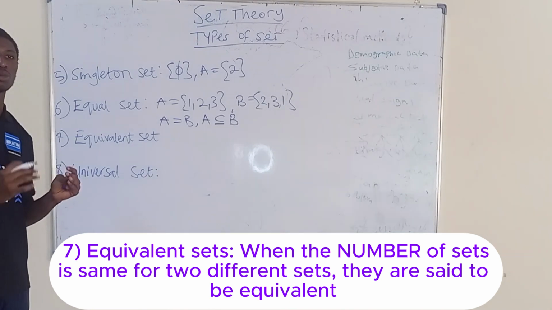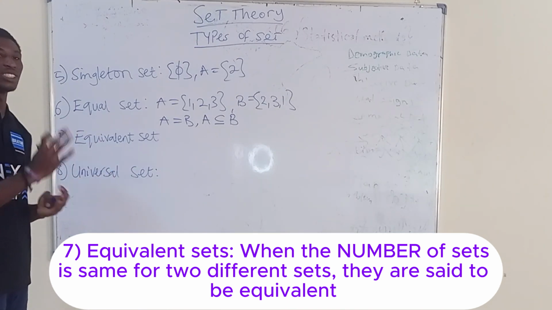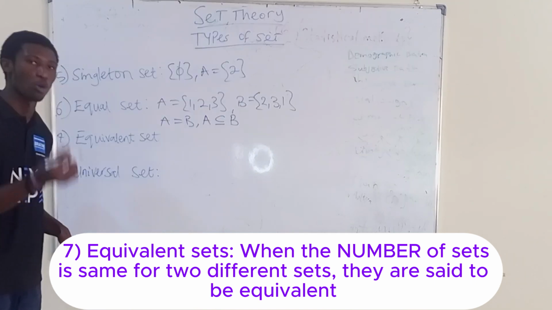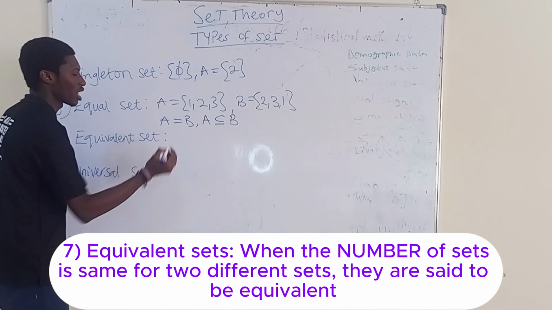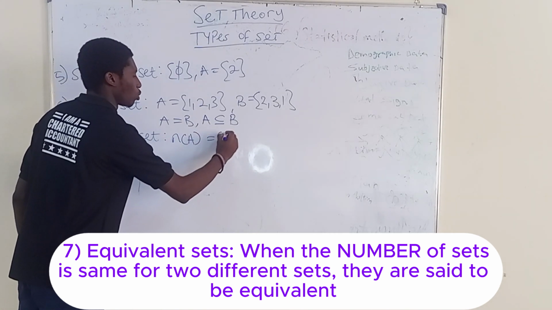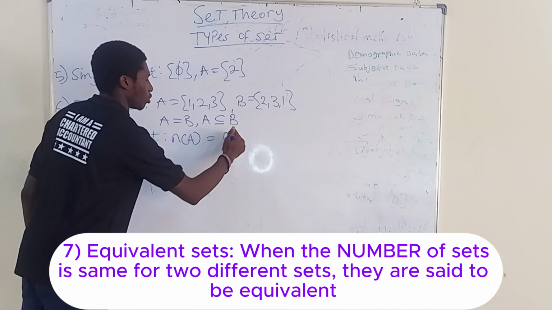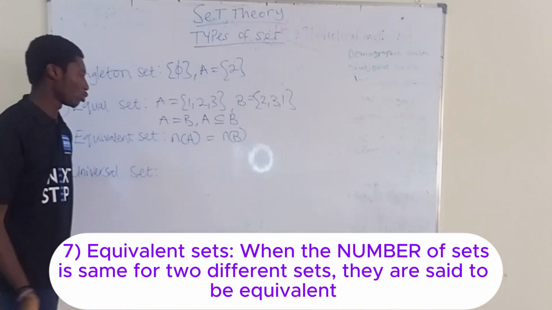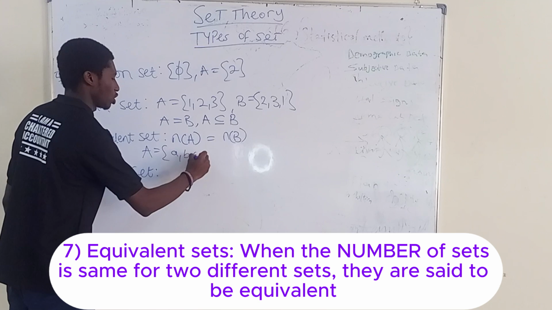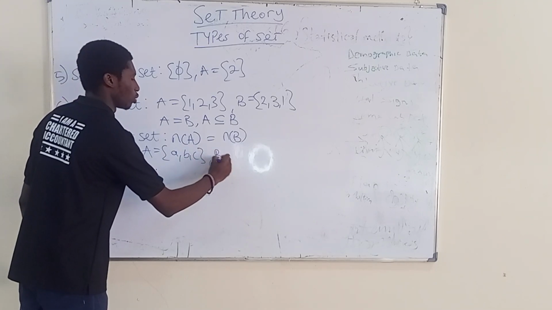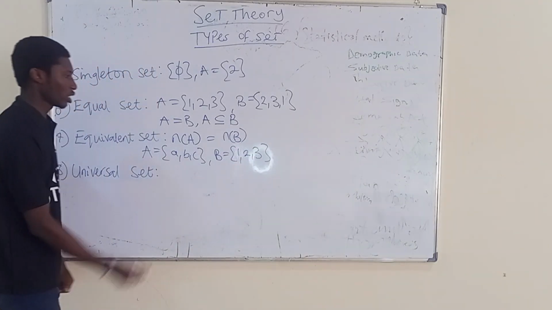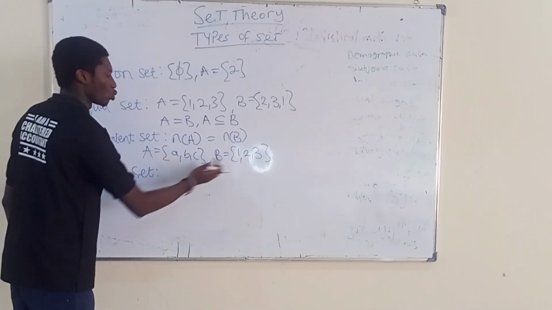The next one is your equivalent set. Two sets are said to be equivalent if they have the same number of elements, not the same members, but the same number. That means their cardinalities are the same, so the number of elements in set A will be equal to the number in set B. For example, if I have a set A, which is equal to A, B, C, and another set B, which is equal to 1, 2, 3, we can say A to 1, B to 2, C to 3.